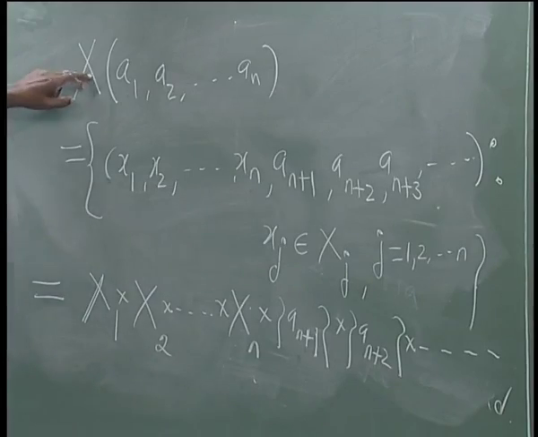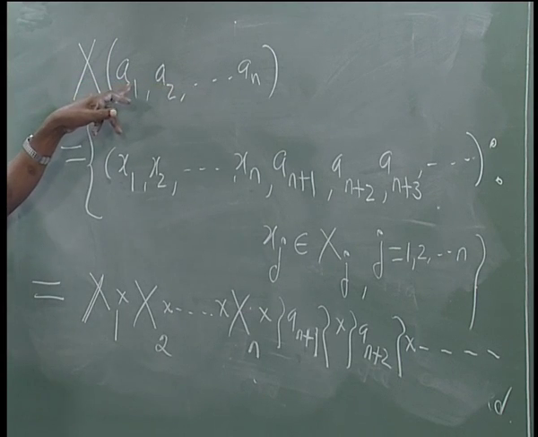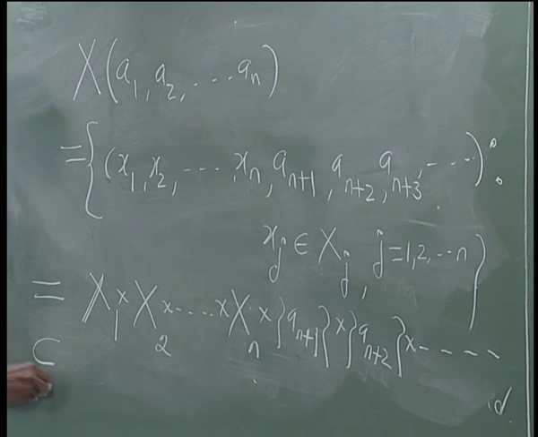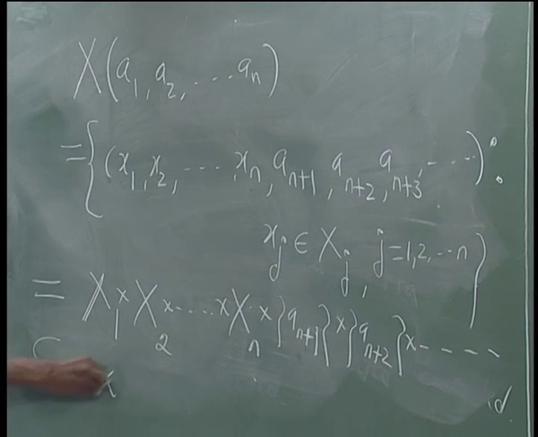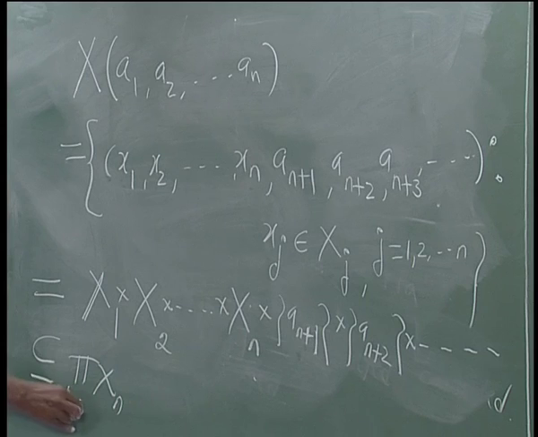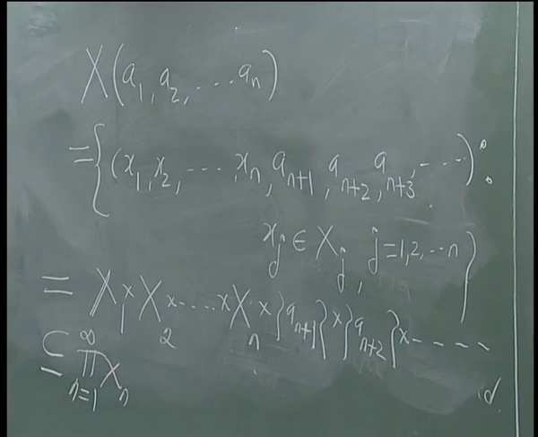So, this is what our X of a_1, a_2, ..., a_n is. This is a subset of the product of X_n, n from 1 to infinity, our product space.